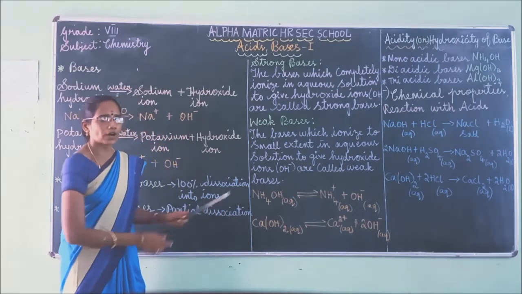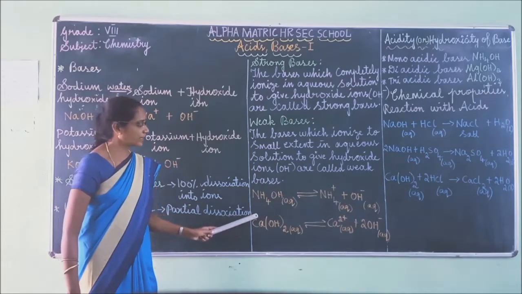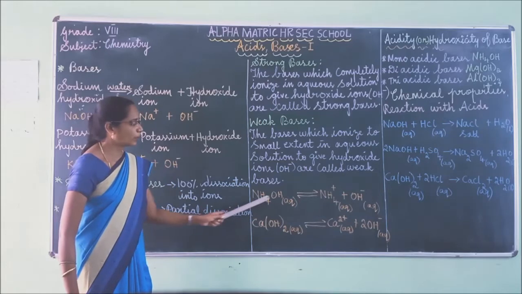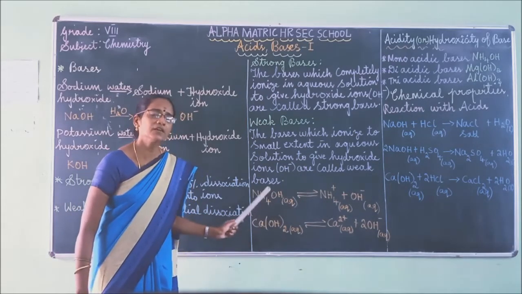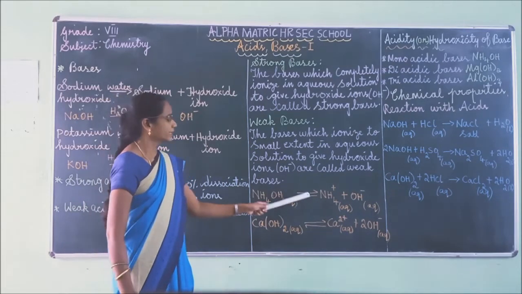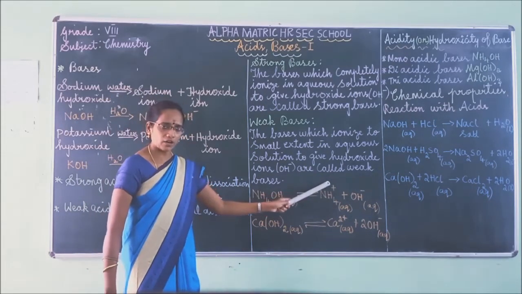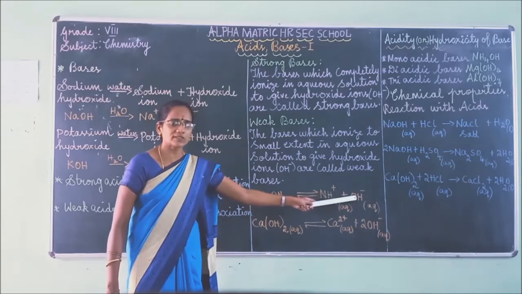This compound is ammonium hydroxide, so that name you have to mention here. Ammonium hydroxide in aqueous solution, which means it is dissolved in water, gives ammonium ion plus OH minus ion, that is hydroxide ion.